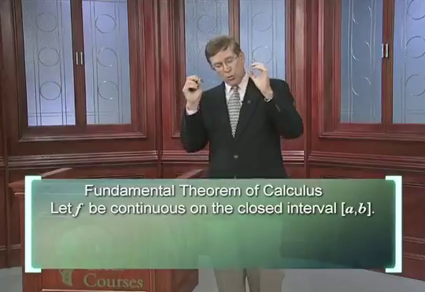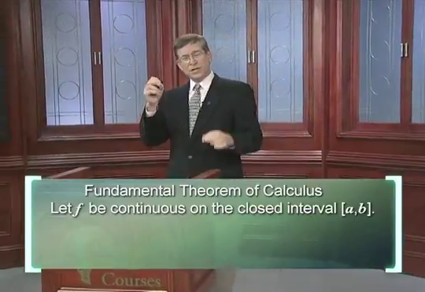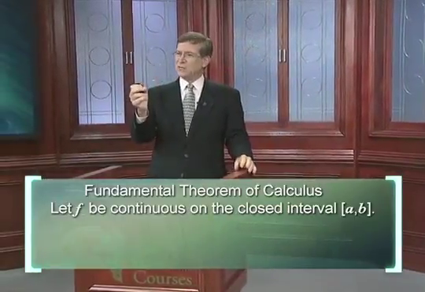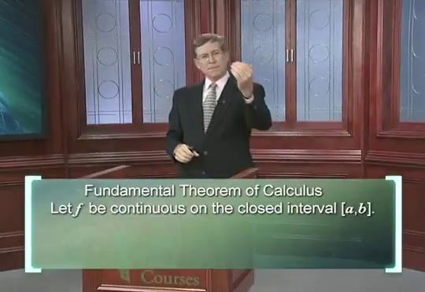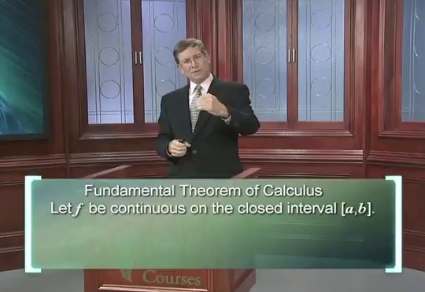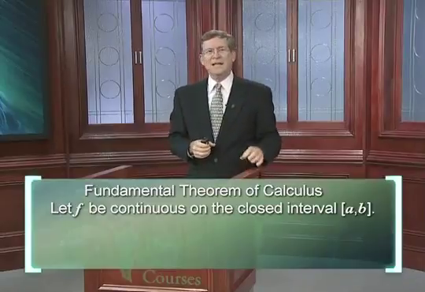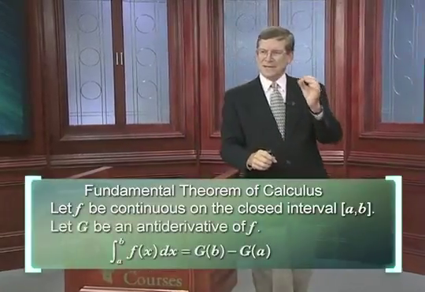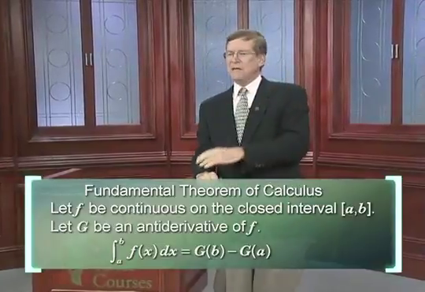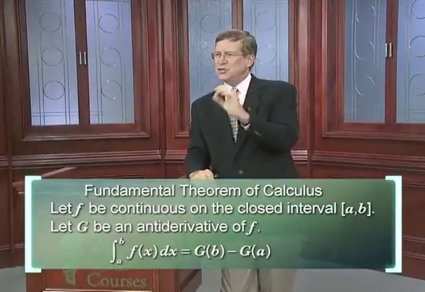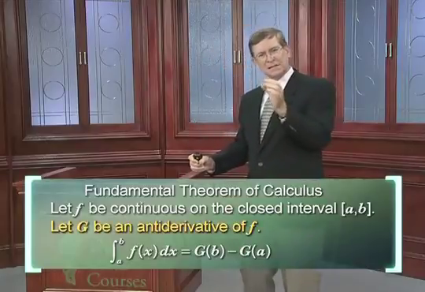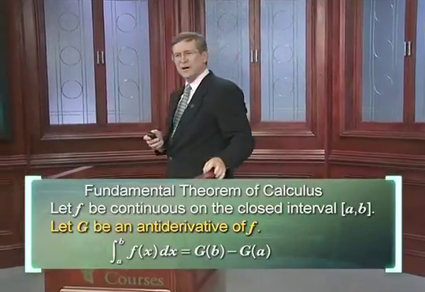And with that antiderivative, subtract the antiderivative evaluated at the upper limit b minus the antiderivative evaluated at a. In other words, the definite integral from a to b of f of x dx is g of b minus g of a, where g is an antiderivative of f.